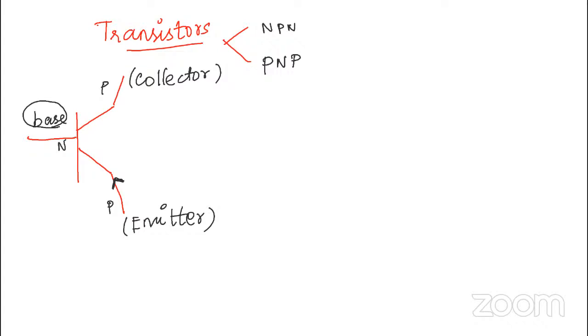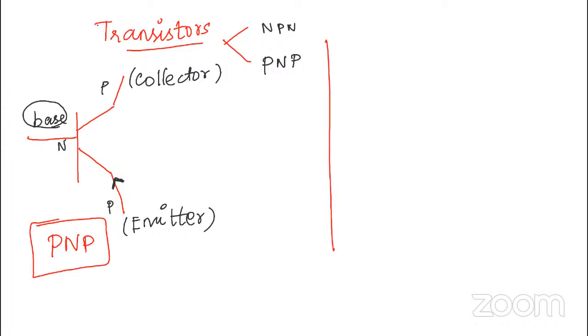So this is for the NPN transistor, PNP transistor. Okay. Then next it is an NPN. So NPN has the same emitter, collector, base.